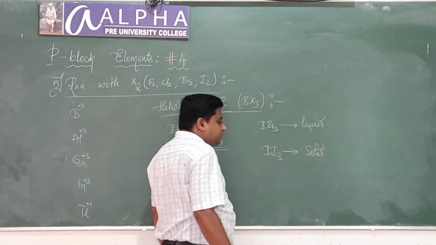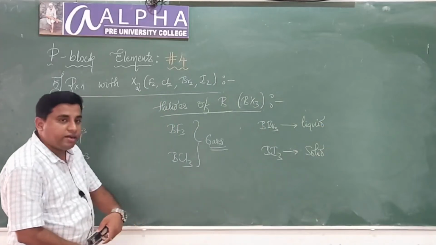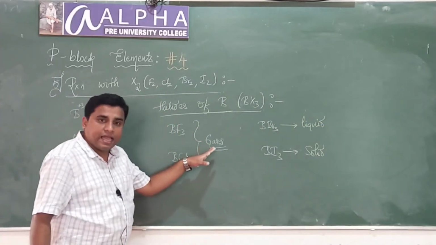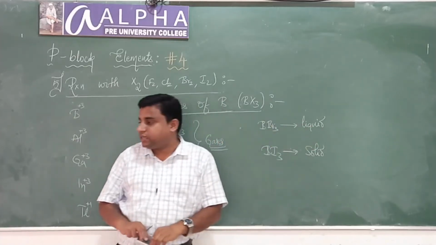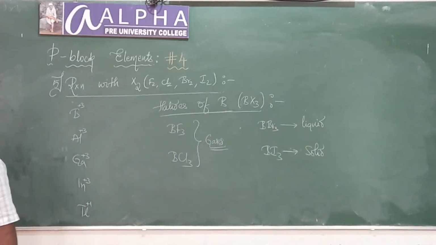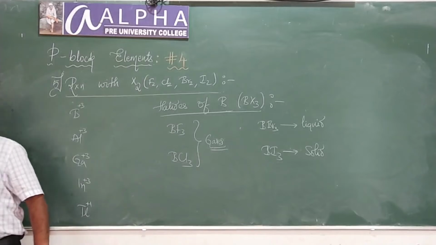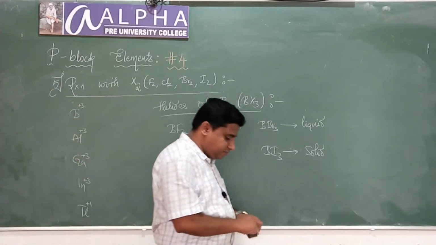Understood? So boron trifluoride and boron trichloride are gases, boron tribromide is a liquid, boron triiodide is a solid. Can you tell me why boron triiodide is a solid?